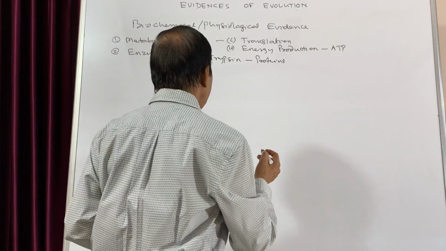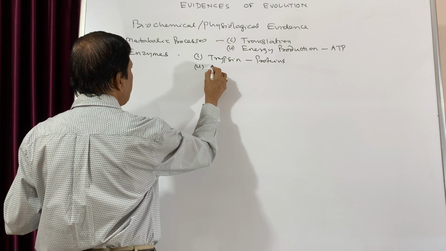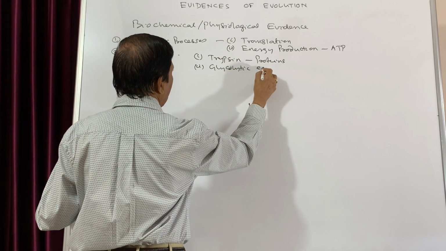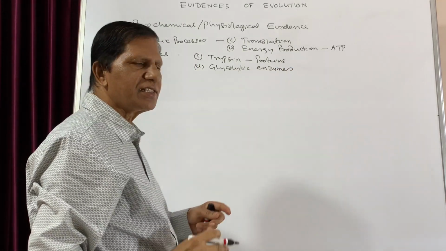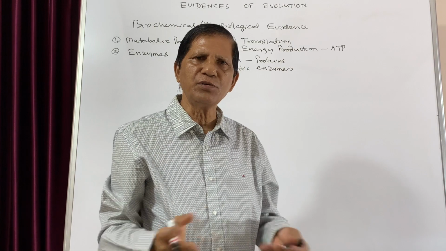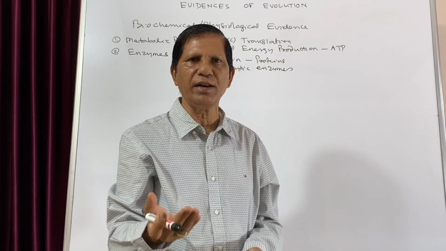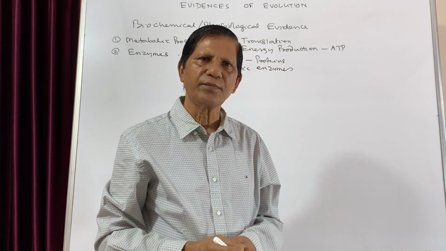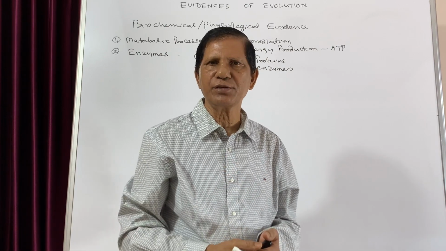You can take the case of, suppose, the glycolytic enzymes. So the glycolytic enzymes are the same in all organisms. There is no difference. Whether it is prokaryotic glycolysis or eukaryotic glycolysis, in all cases the enzymes are the same. So this provides again additional proof how the evolution has taken place.